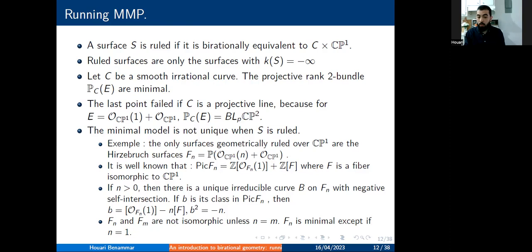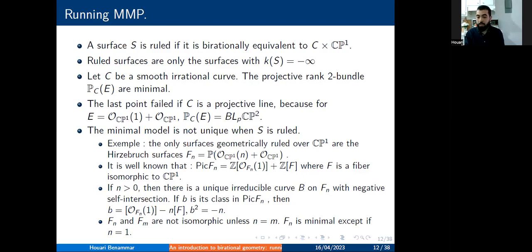It is well known that the Picard group of this surface is Z squared, generated by the class of O(1) and the class of the fiber. And you know that the fiber here is isomorphic to CP1. So if n is strictly positive, then there is a unique irreducible curve B on this Hirzebruch surface with negative self-intersection.